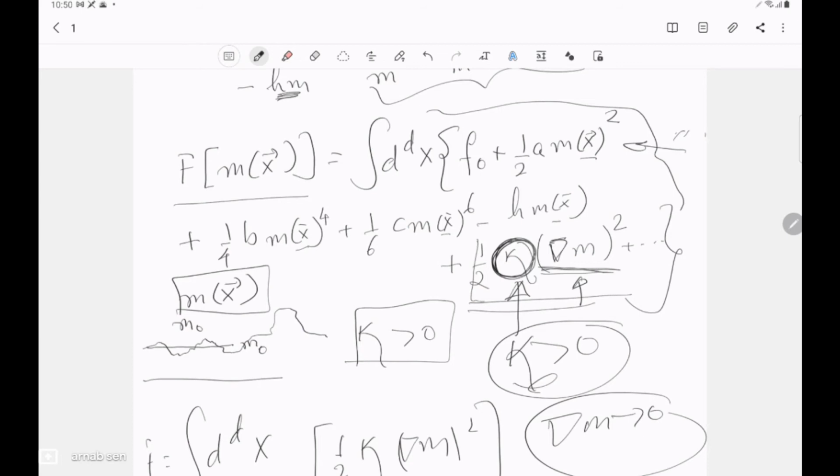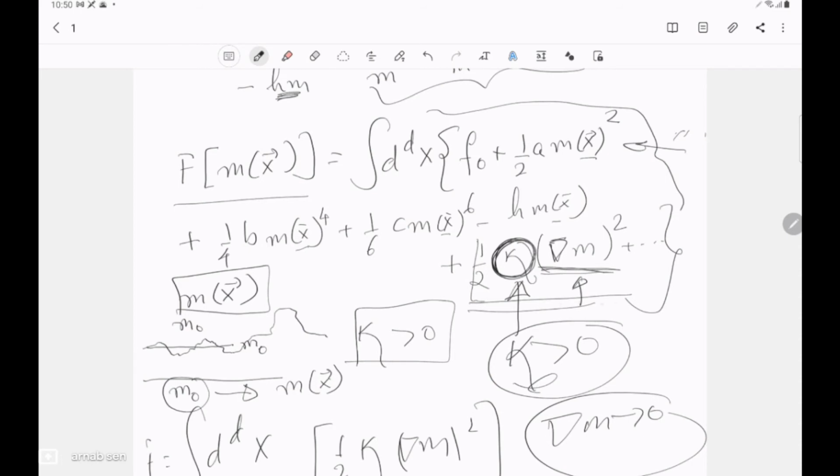Yes, sir. So basically, in the Landau-Ginzburg theory, the order parameter, instead of being a number, becomes a function itself. Okay? Becomes a function itself. And all the terms are still dictated by symmetry. So all I'm doing is generalizing the m naught squares that you saw earlier to m(x) squared, m(x) to the power 4 and so on, right?